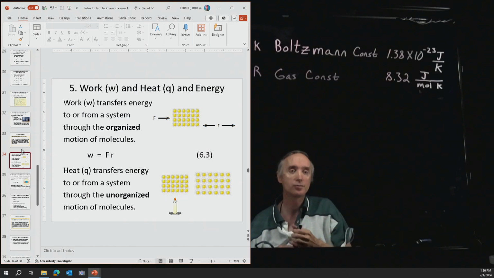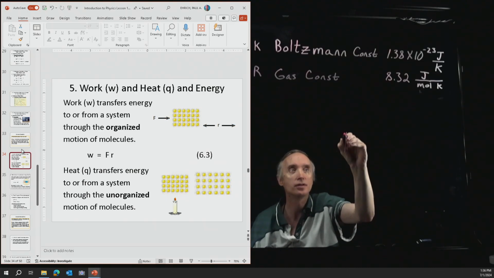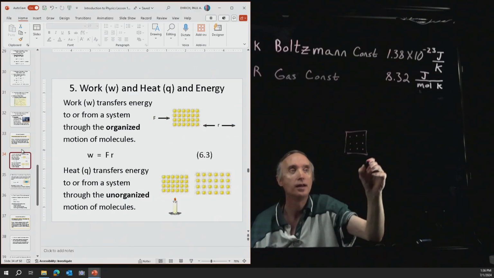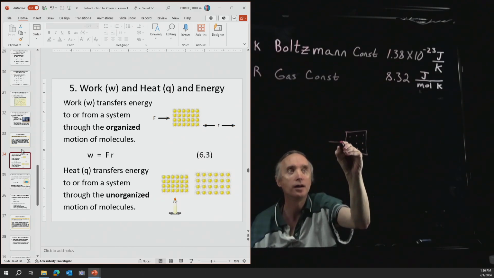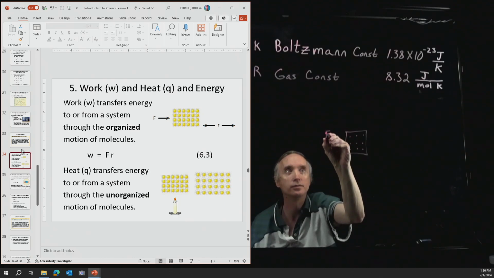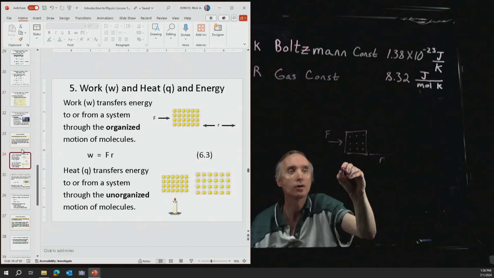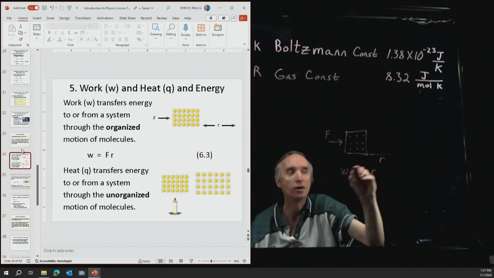So work W is going to be the transfer of energy to a system through the organized motion of molecules. In that first picture, it shows a solid composed of atoms that are all hooked together. Then we apply a force to it, and that moves it a distance r. And we said that work W was force times r.